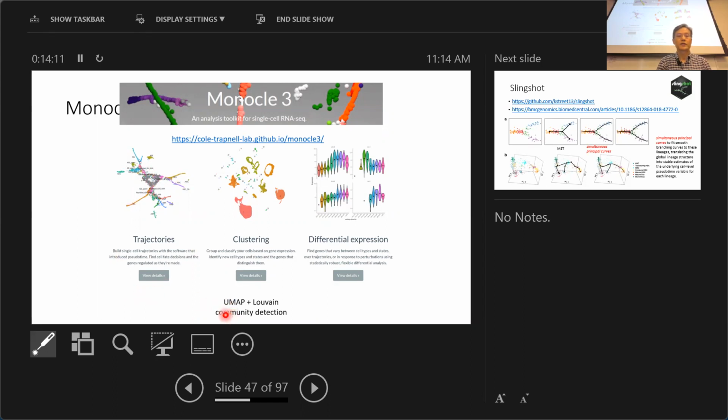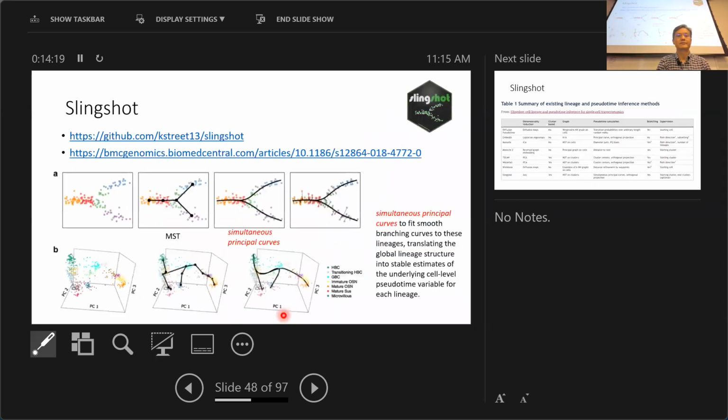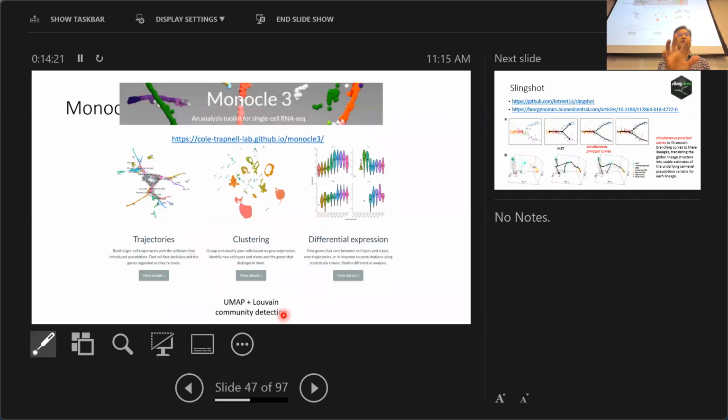The algorithm is built on UMAP and the Louvain, which is a network community detection algorithm. So basically, they changed the algorithm again internally, without telling you which one is good, which one is bad.